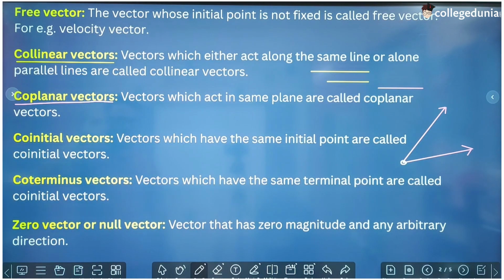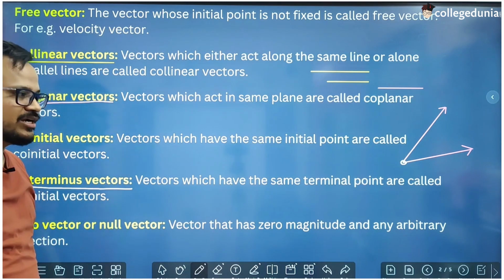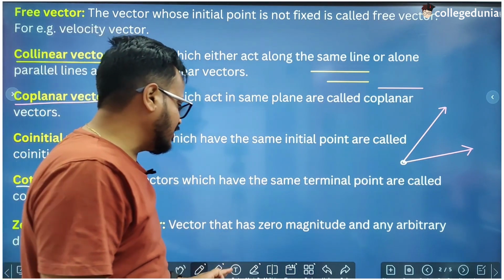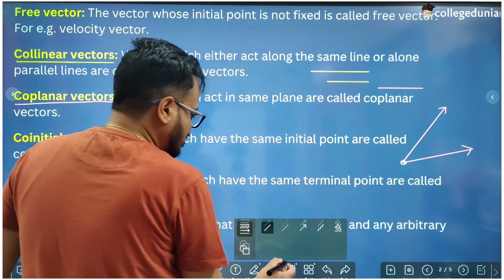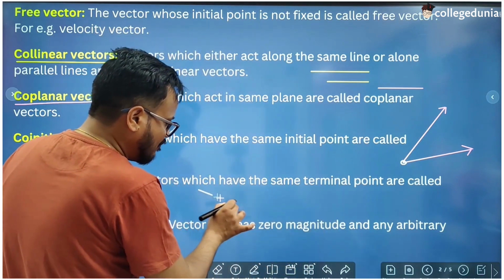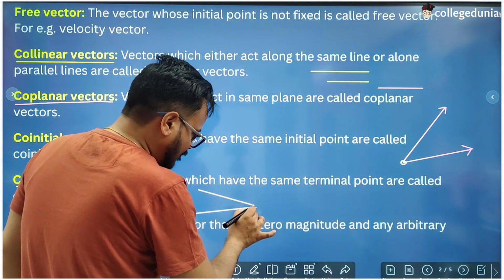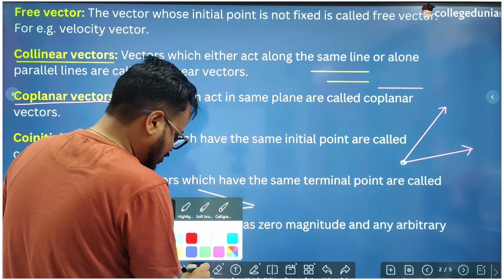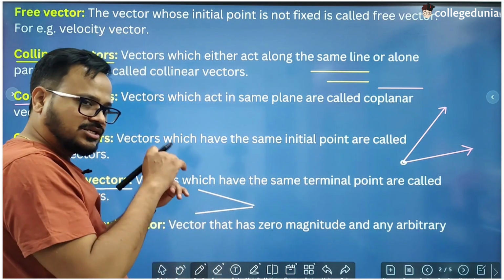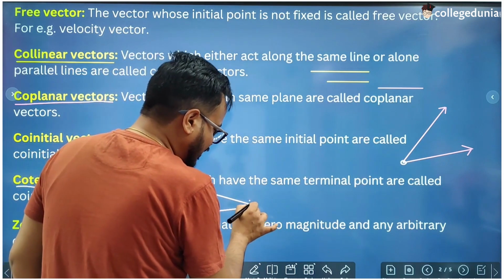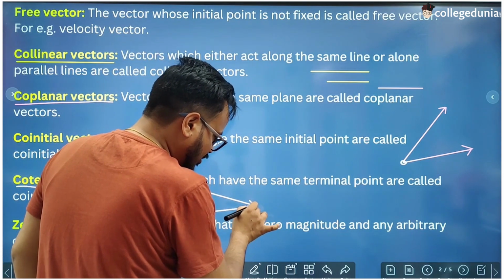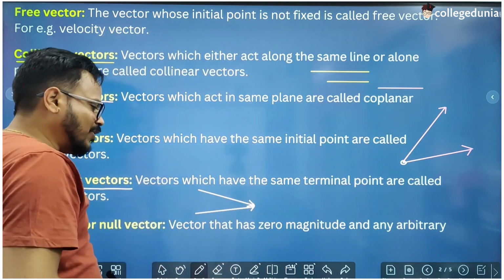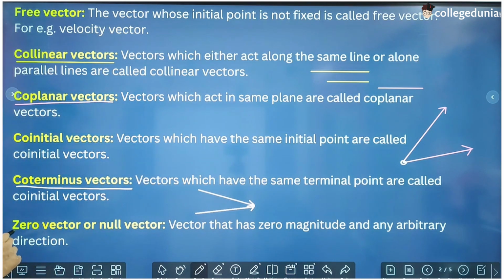So they are called co-initial vectors. Coterminous vectors. Next set of vectors are coterminous vectors. Vectors which have same terminal point. For example, take these two vectors. So these two vectors are starting from two different points, but they are terminating at a common point, this one, right? So these vectors are called coterminous vectors.